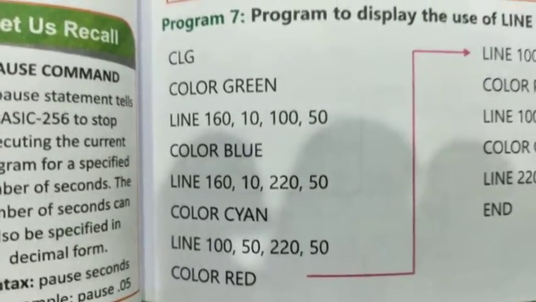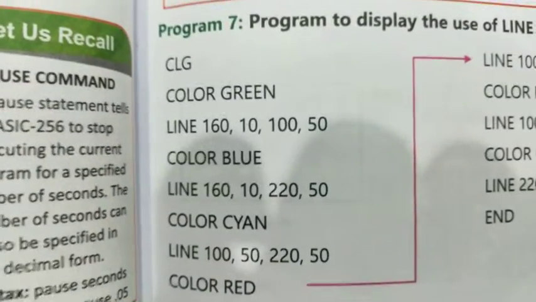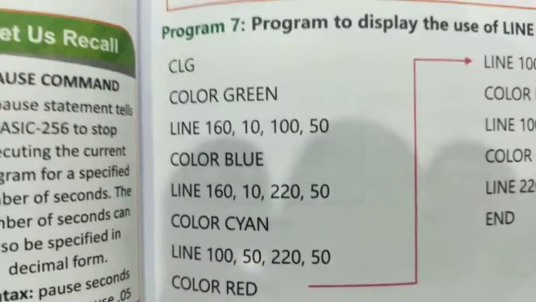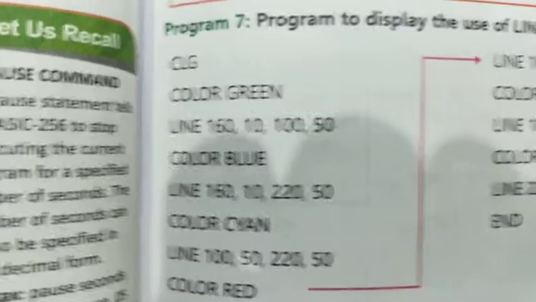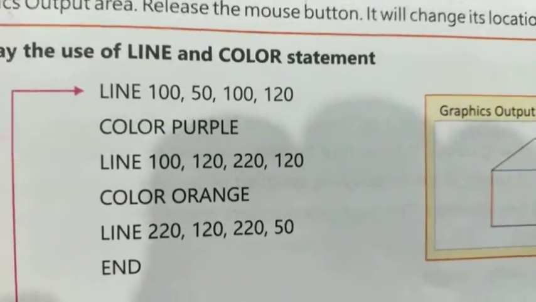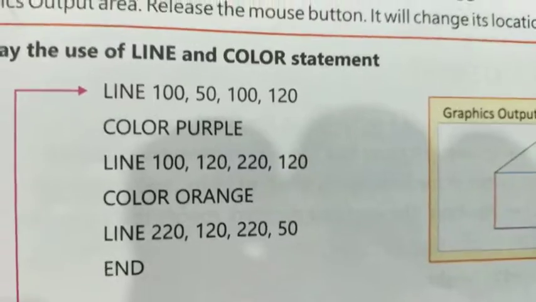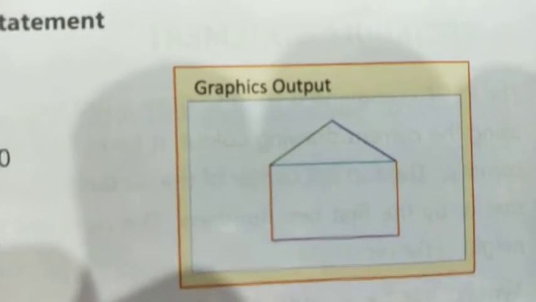You can take different values of x and y, so it will be a different shape, and you can take different colors also. When you execute this program, you will get your output like this.